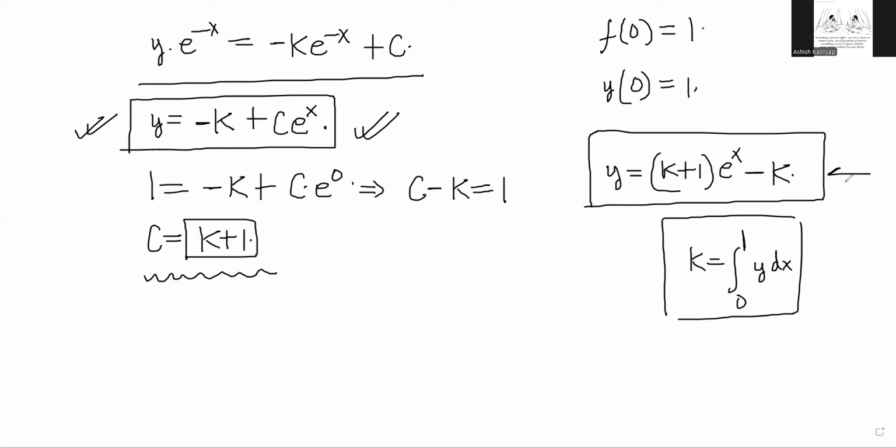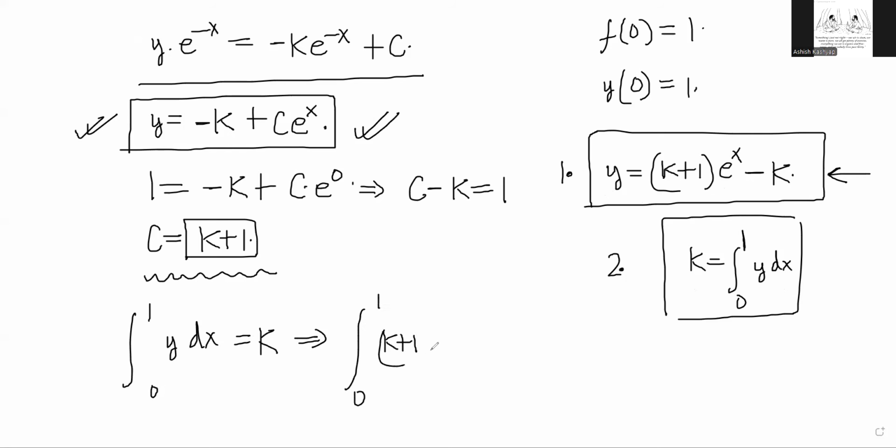Now that we have a function looking like this, we can actually find the value of k because we can use the definition of the function and the value of the area under the function from 0 to 1, right? So what we can say is integral of y dx from 0 to 1 is equal to k, which implies integral from 0 to 1 of k plus 1 into e power x minus k dx is equal to k, right?